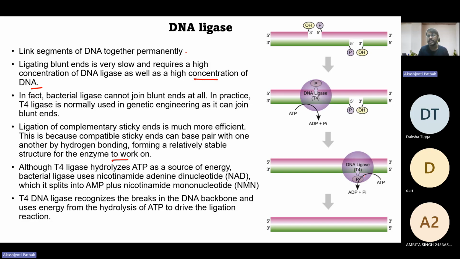It uses the energy obtained from hydrolysis of ATP to seal the 5' phosphate group of one DNA strand with the 3' OH group of the other DNA strand. But bacterial ligase does not use ATP, rather it uses NAD. NAD is split into AMP plus NMN, and this energy is used for ligation.